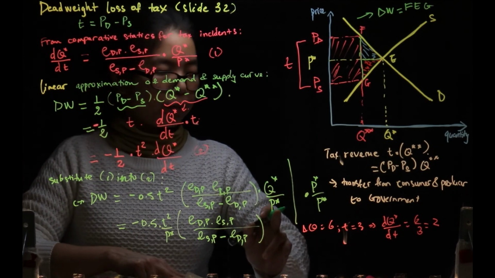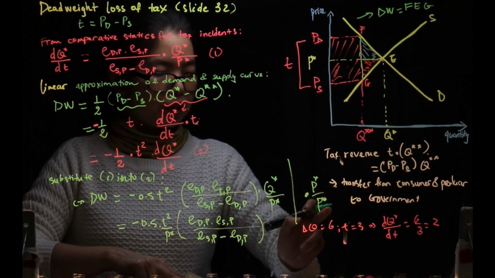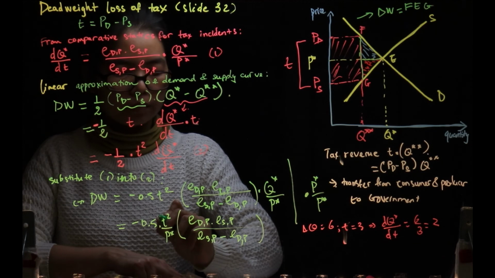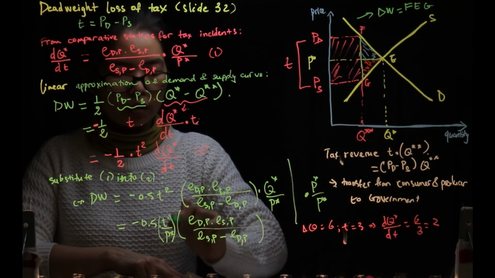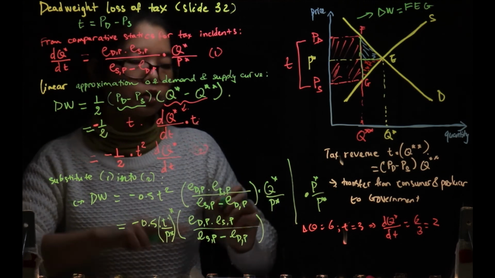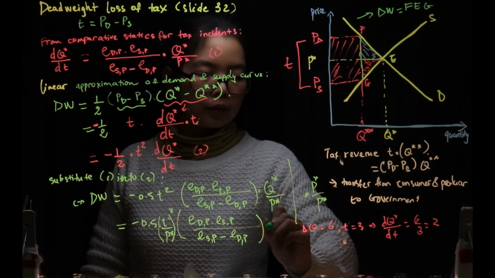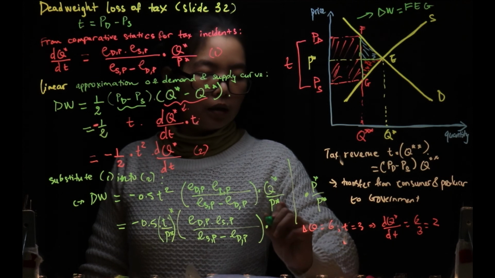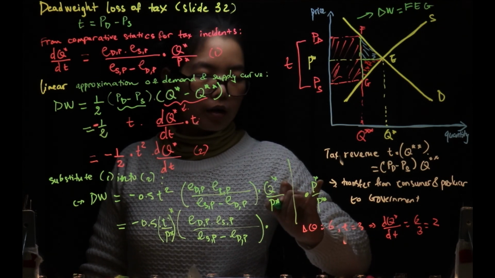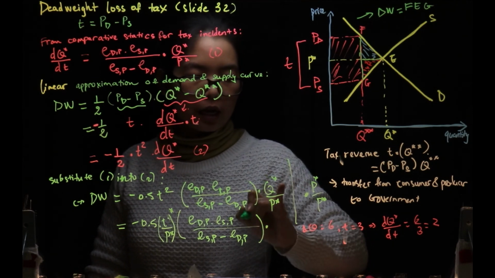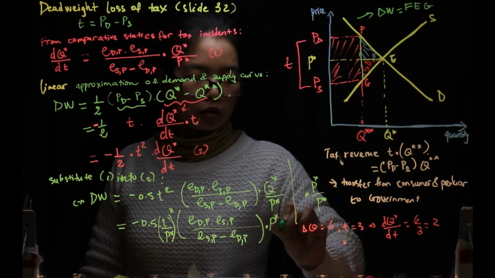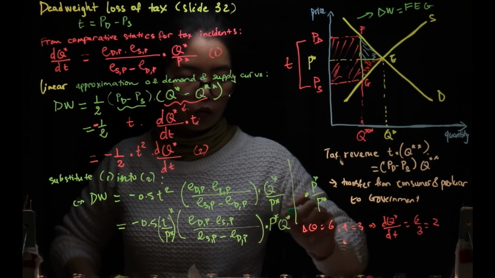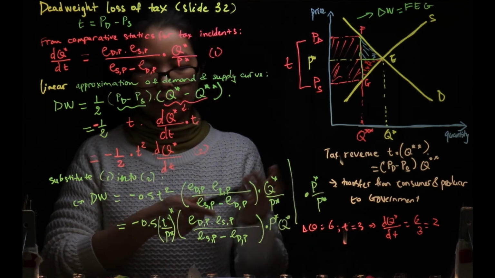Because here we have one P star times one P star is P star squared. So we could actually write it as T squared over P star squared. Now, then we have one P star on the numerator times Q star. Now, so P star times Q star. That's what we get at the end.